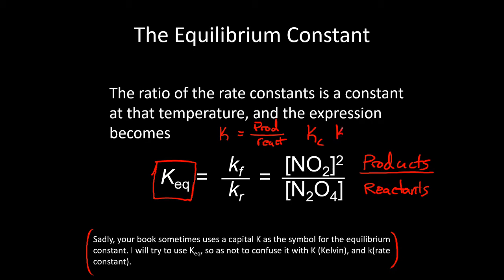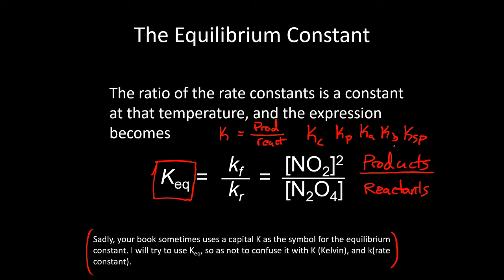There's also a Kp that we will see later on. There's also a Ka and a Kb and a Ksp. And all of these are the same overall equation, products over reactants. It's just each of these has its own little niche use.